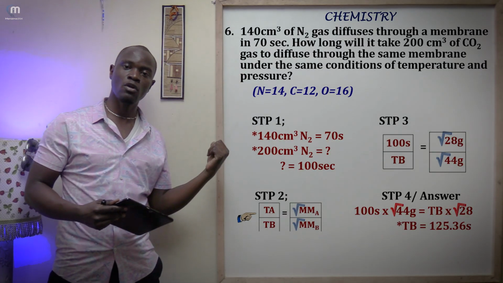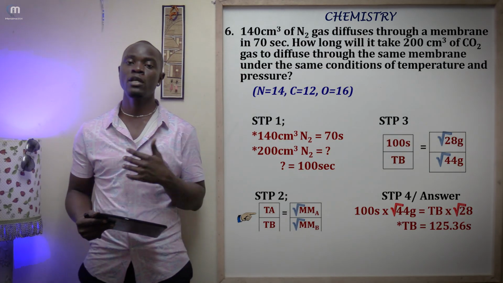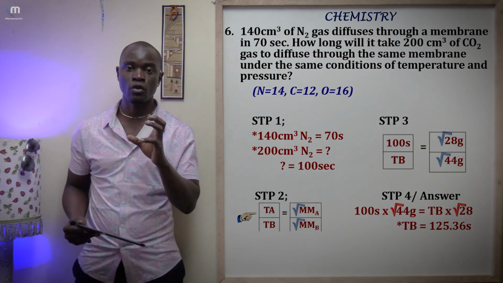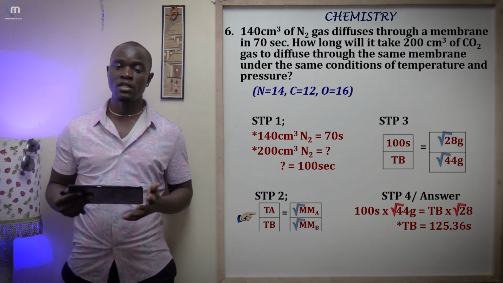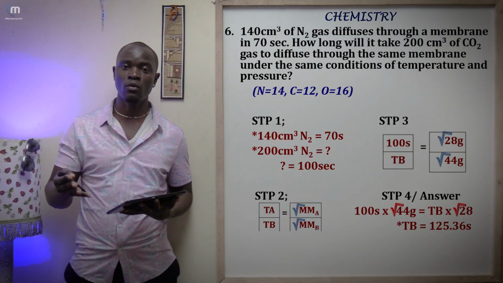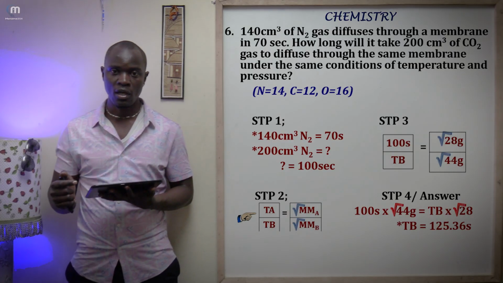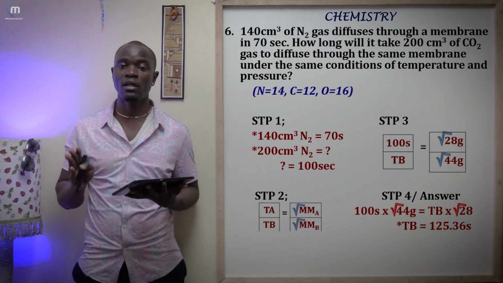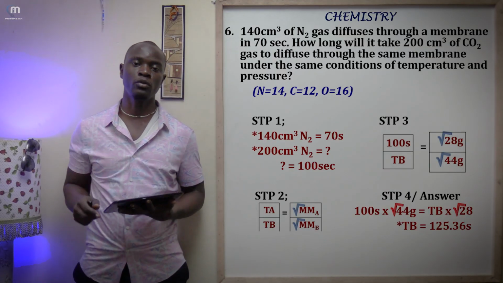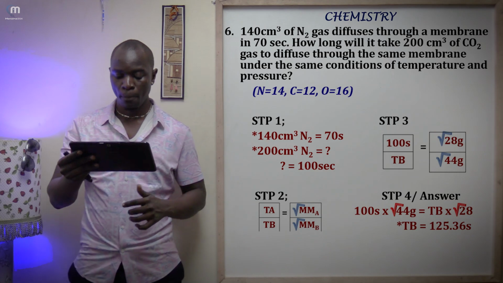If B is the denominator, it is the denominator on the other side. This only applies when you are calculating time. But if you're calculating mass and density, it is inversely proportional. If you're calculating anything regarding time, the formula is always directly proportional. So don't you forget that.